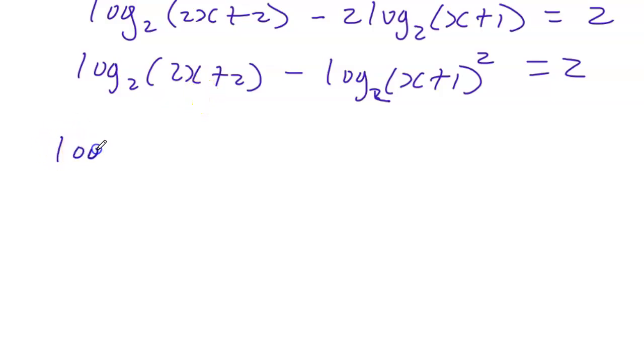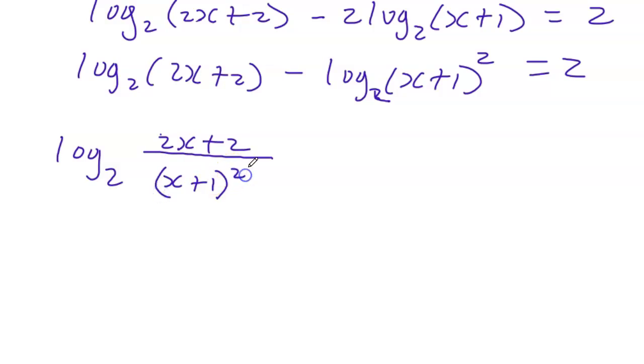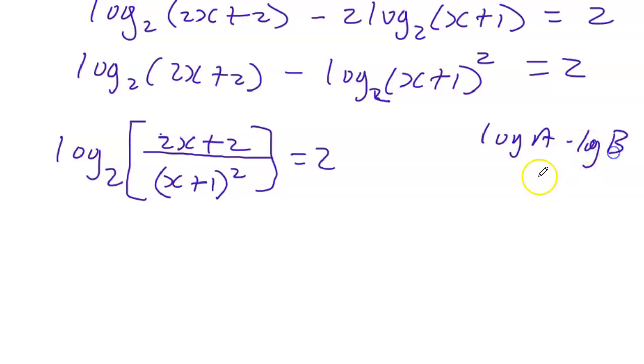So we can rewrite the left hand side as 2x plus 2 upon x plus 1 all squared. So the left hand side can be written as that, equal to 2. That's the rule we use to rewrite the left hand side.